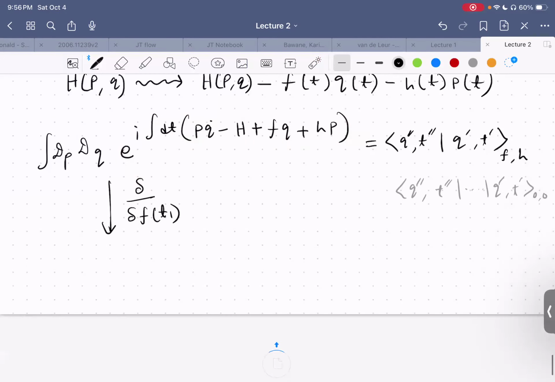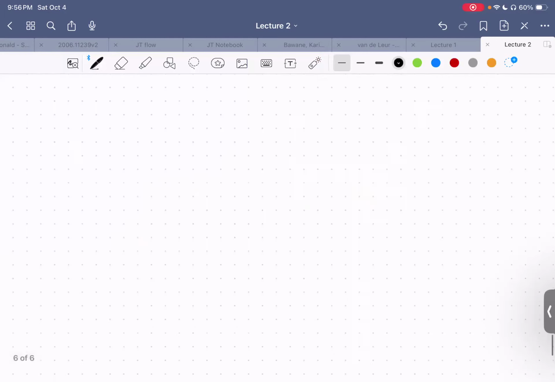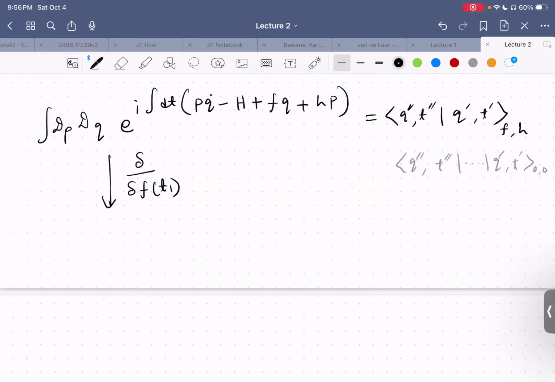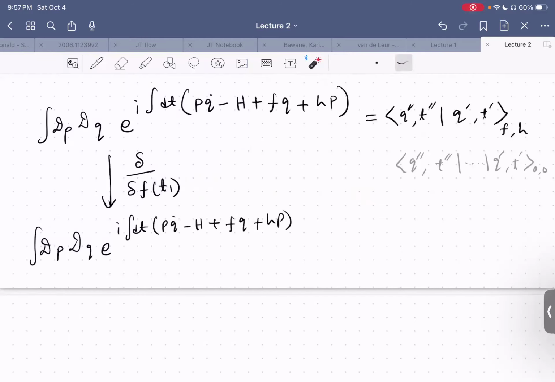So the answer that you get after you take this functional derivative is: the integration remains as before, what you had in the exponent also remains as before, and then you add what you get by differentiating the exponent, which is nothing but the coefficient of f evaluated at the same time t1.